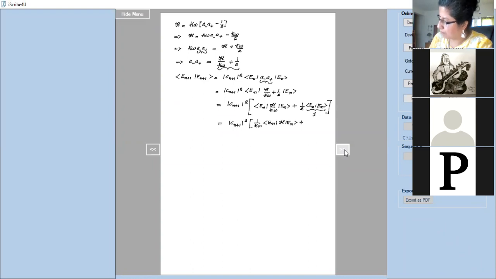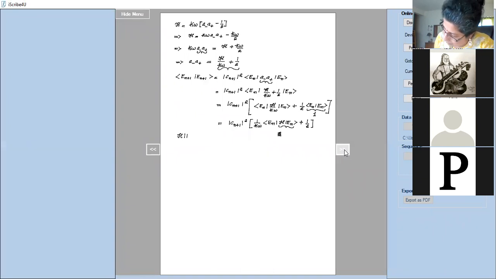We know this is 1 because we started off assuming that |En> was normalized. So this is going to be just half. What about here? We know that H acting on |En> gives us the energy En, right? So let me just write it down here.